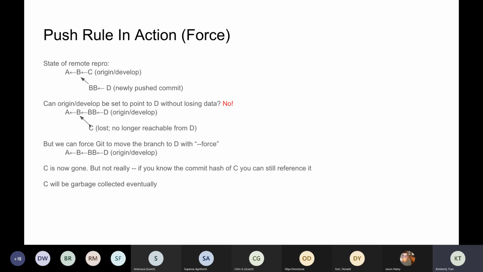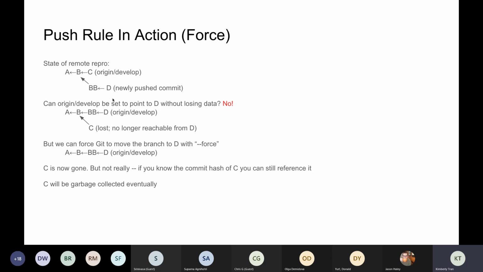Any node that Git can't reach via a branch or a tag is eventually garbage collected. But generally they don't garbage collect instantaneously. So you can always recover if you know C. And there are tools also for trying to find C when there is no way to traverse to it. So there are tools that will pick up these orphan nodes. So you can recover from something like this if you do it inadvertently.